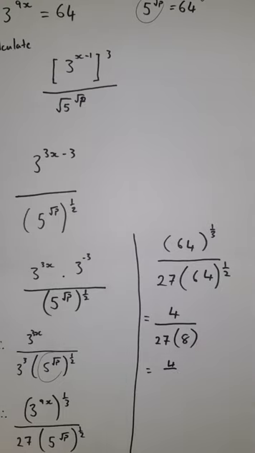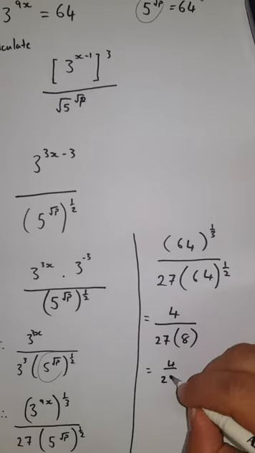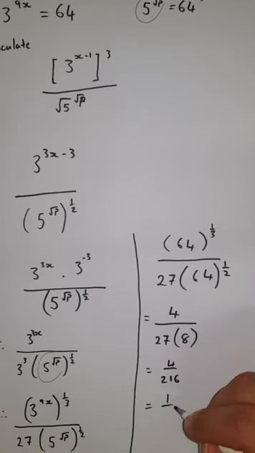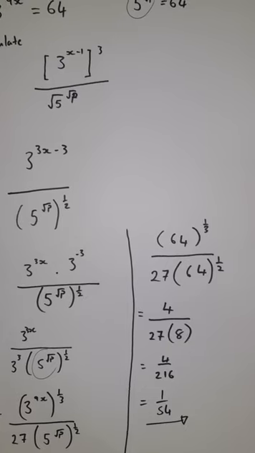What is that? 216. The same as 1 over 54. That is your answer. That's number 1. Question 1 done and dusted.